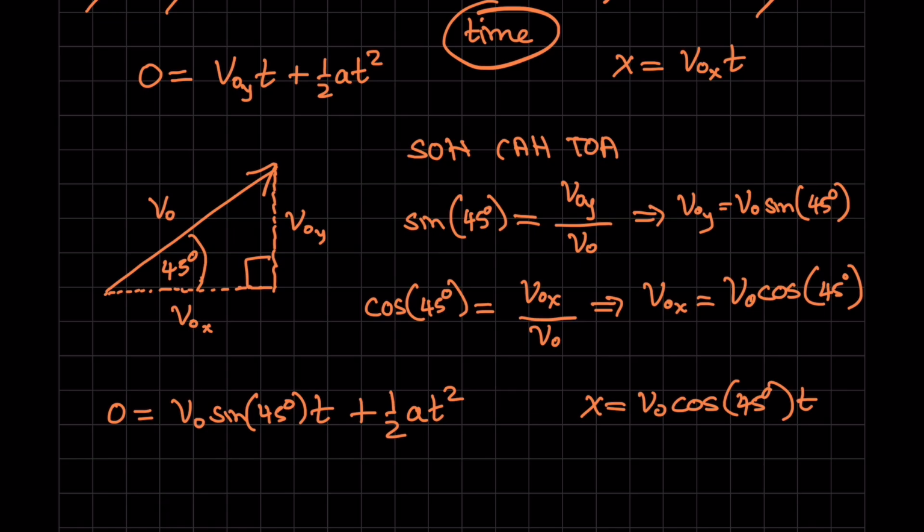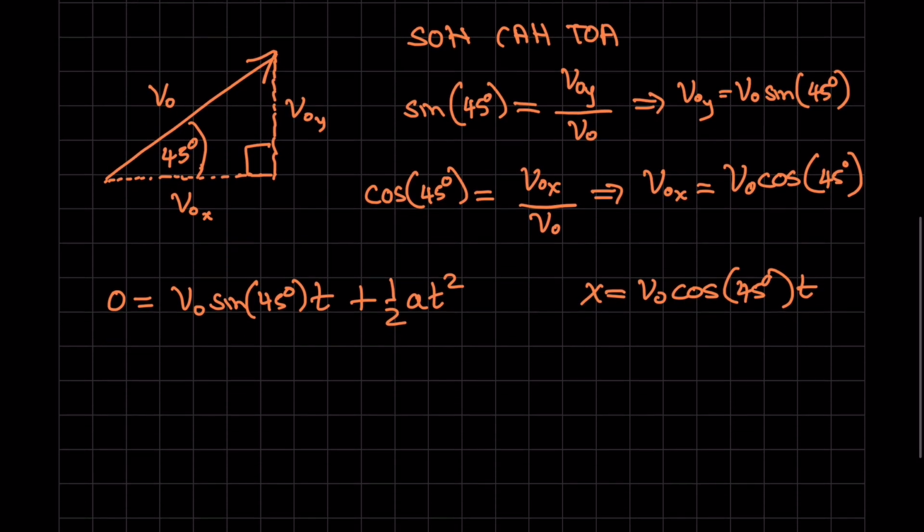Okay, so now we have put in the results of those trig identities. So now in the x equation we can solve for time. Time is equal to x divided by v naught cosine of 45 degrees, just solving for time.